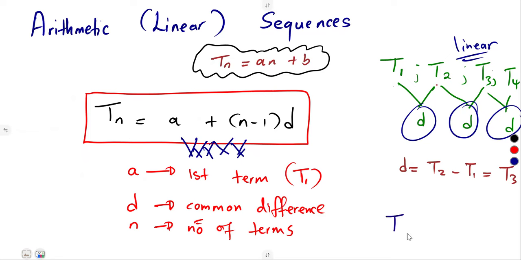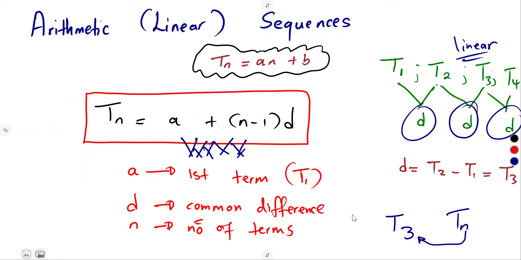If I write T3, we are talking about when our n is equal to 3. Remember this is Tn, so n is 3. So when you are to find T3, it is just like finding the third term.